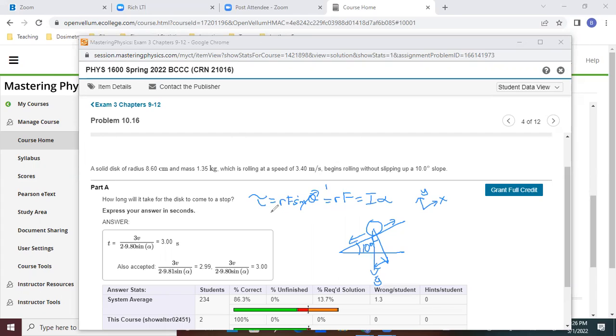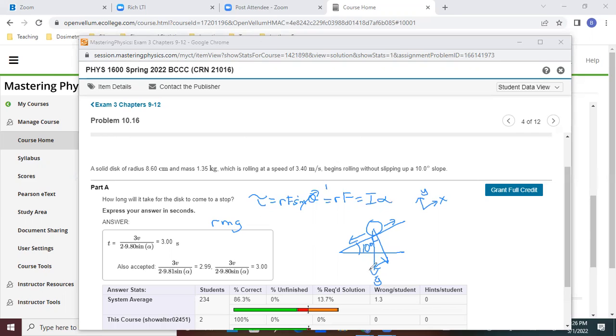Now, what is R in this case? R, we know, is going to be 8.6, but for right now, I'm just going to leave this as R. What is the force going to be in this particular direction? Well, we know the force in this particular case is going to be mass times gravity, pulling down in this direction.